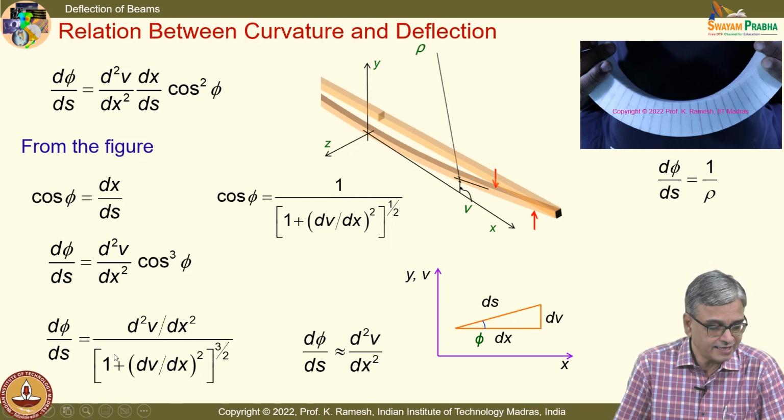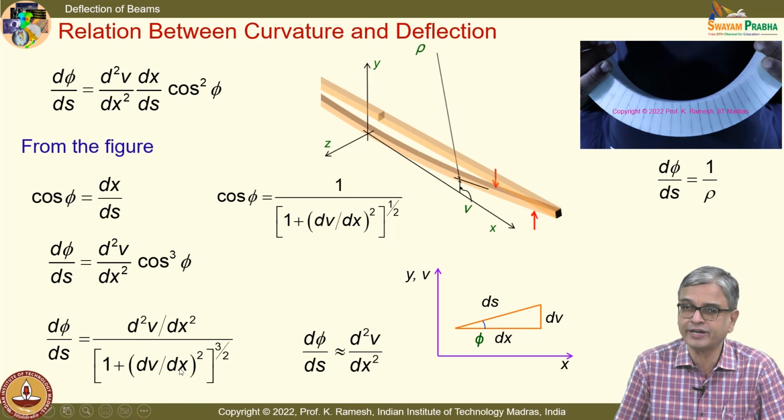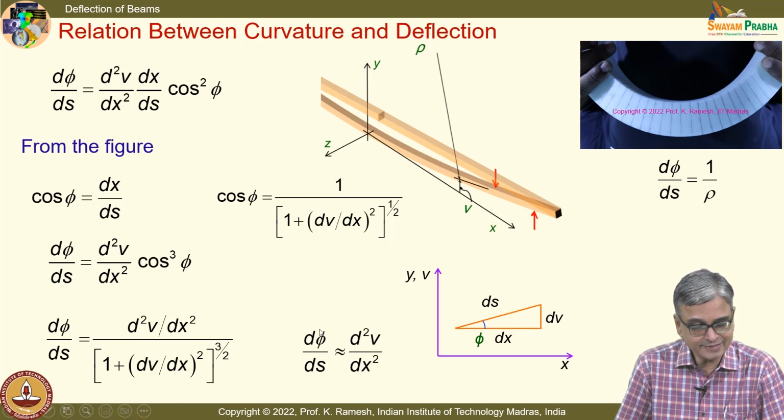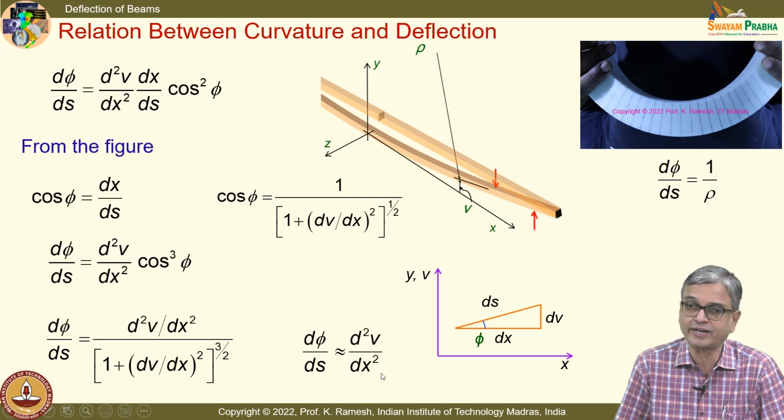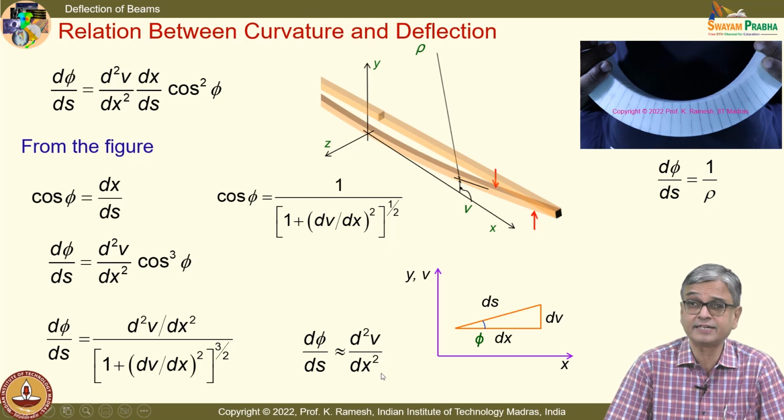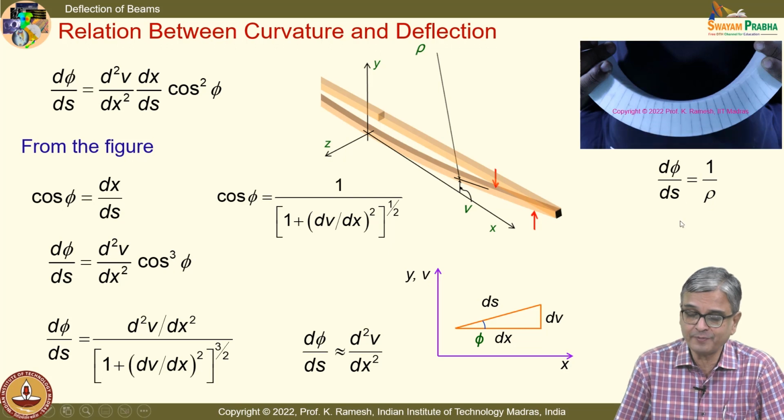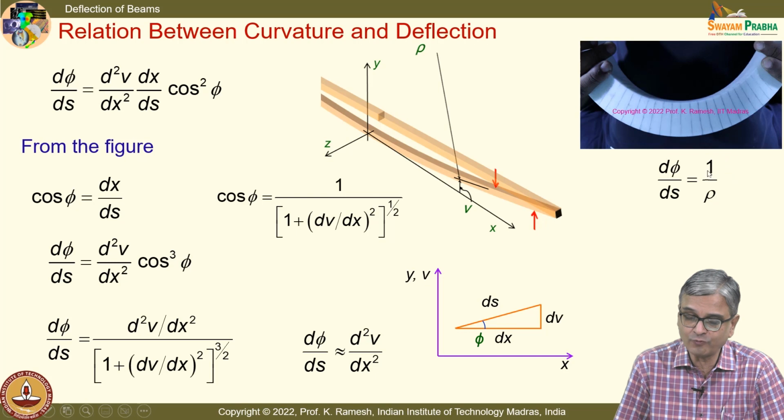So, I say that this is almost like unity. So, I can say d phi by ds is approximately equal to d squared v by dx squared. It is a deliberate approximation, and we also know d phi by dx equal to 1 by rho. So, I am going to relate what is 1 by rho to d squared v by dx squared.